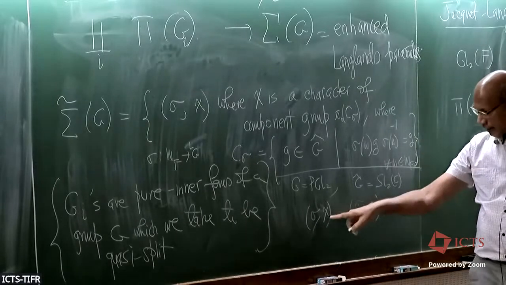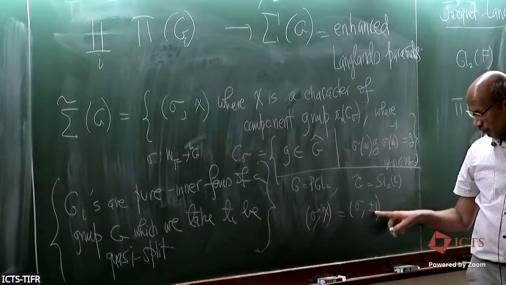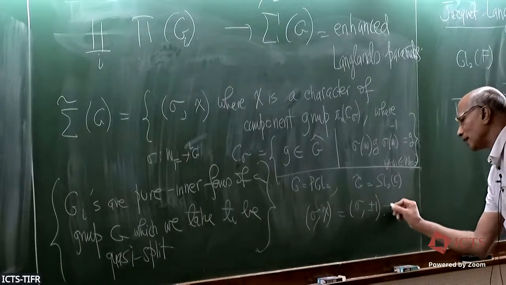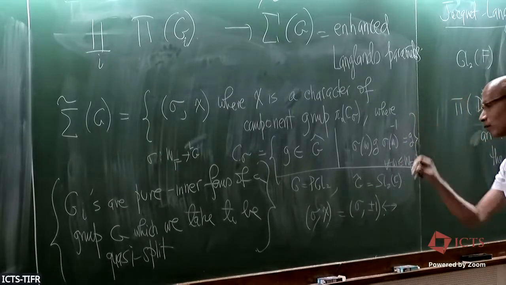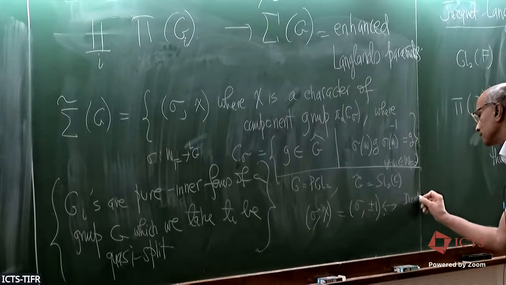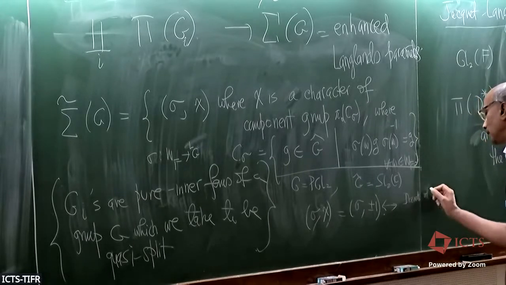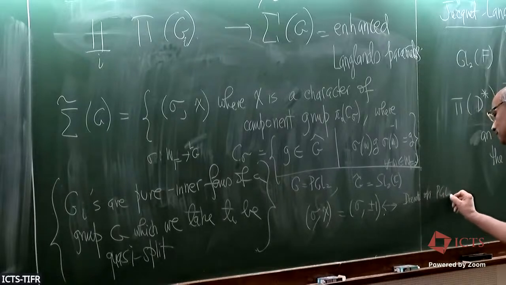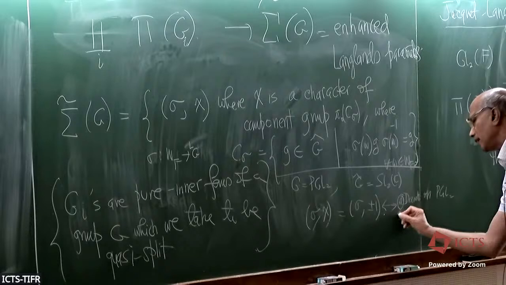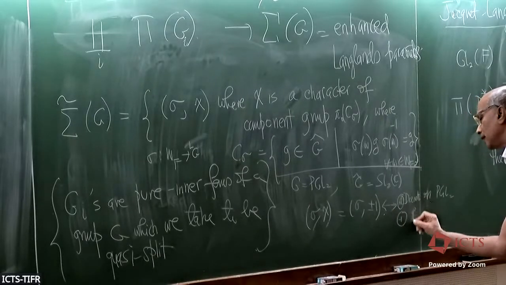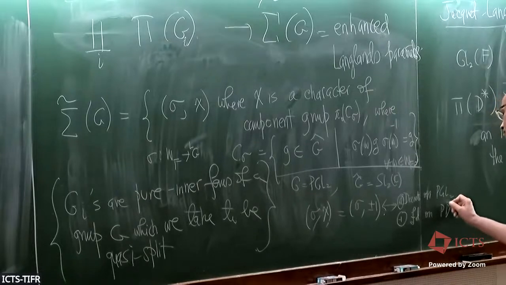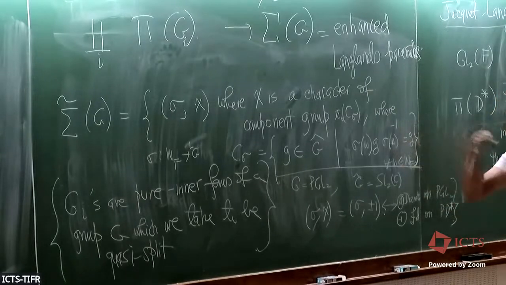So the characters of plus minus 1, I am also denoting by plus minus 1. And this sigma comma plus minus 1 is going to a discrete series on PGL2 corresponding to plus sign 1, and to minus sign it goes to a finite dimensional representation on PD star. And that gives the bijection.